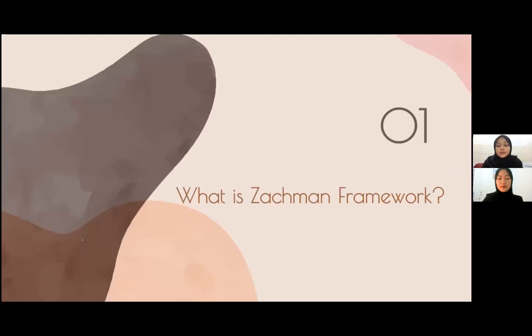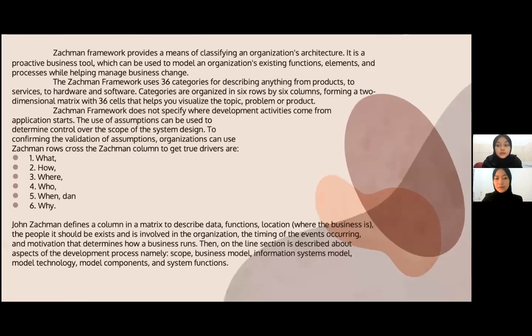Okay, so first we're gonna explain what is Zachman framework. Zachman framework provides a means of classifying an organization's architecture. It is a proactive business tool which can be used to model an organization's existing function, elements, and process while helping manage business change.